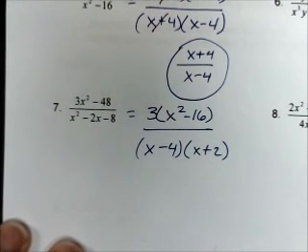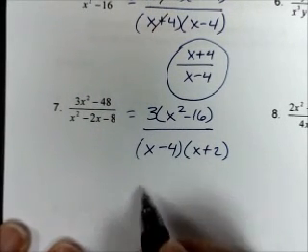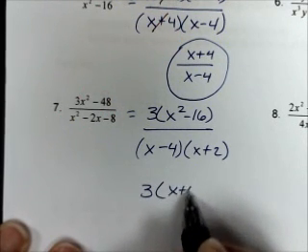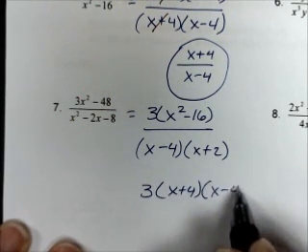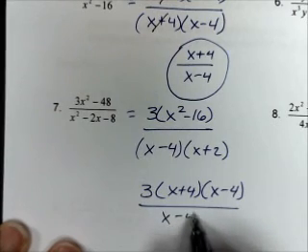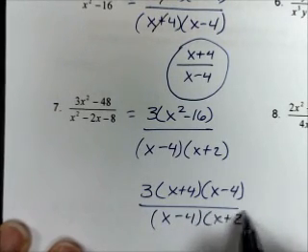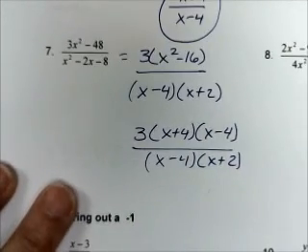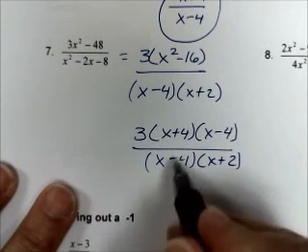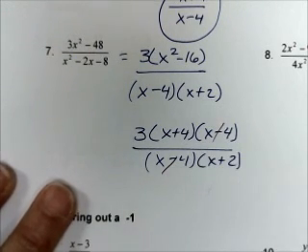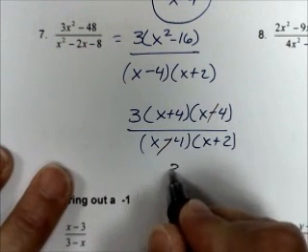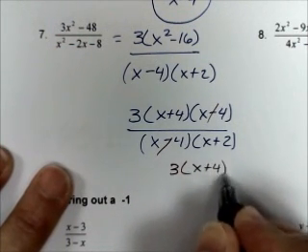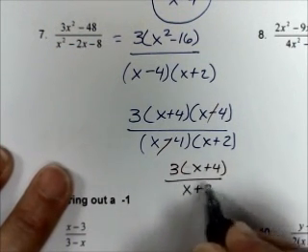Recognize x squared minus 16 as a difference of two perfect squares: x plus 4 times x minus 4. And it looks like the only thing that divides out here are the x minus 4's. So our end result is 3 times x plus 4 over x plus 2.